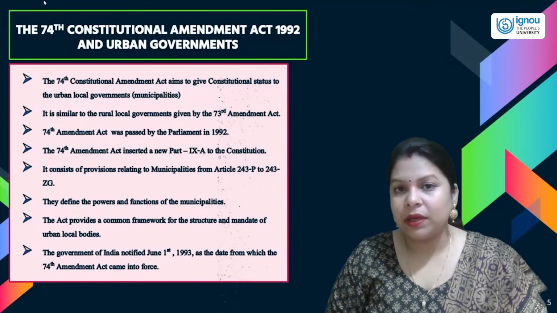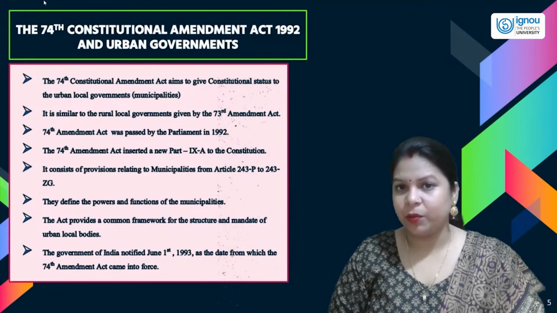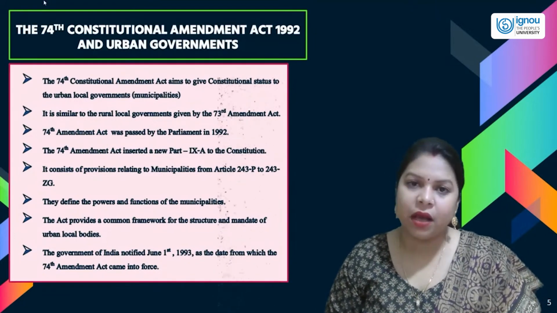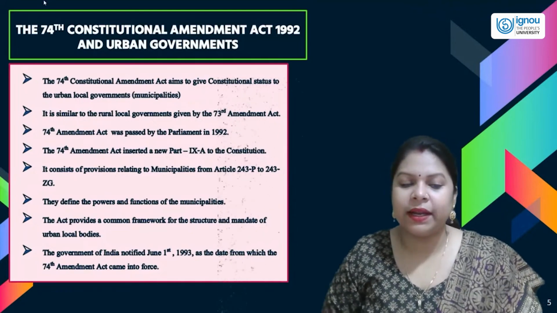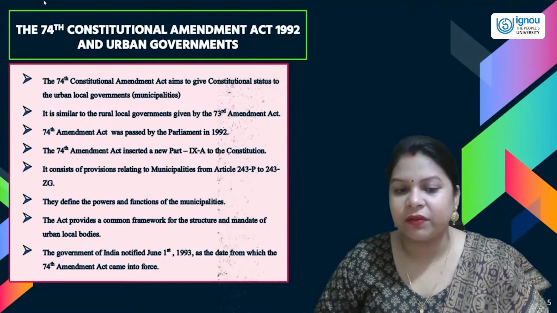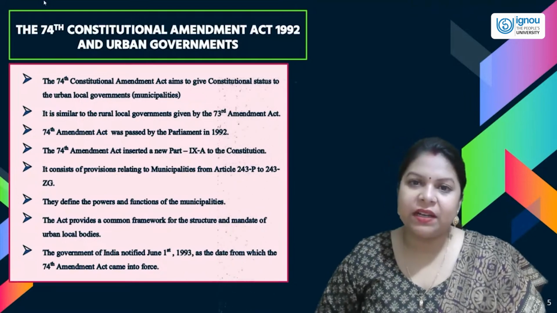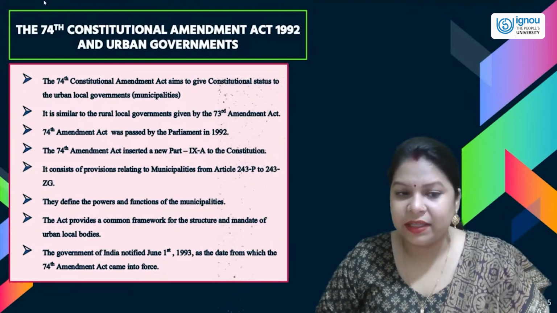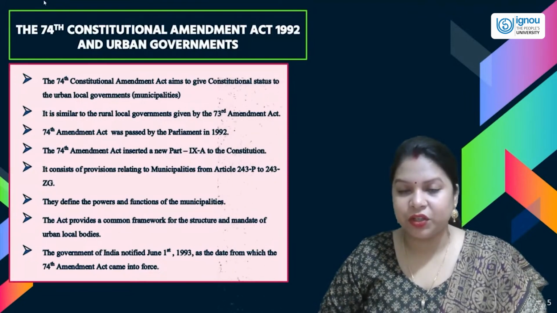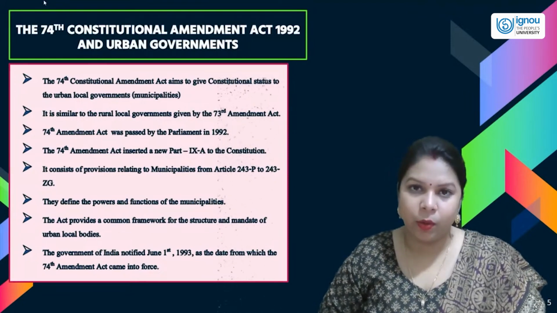They define the powers and functions of the municipalities. Because it is about the urban local government, it defines the powers and functions of the municipalities that are there in a city or in a town. The Act provides a common framework for the structure and mandate of urban local bodies.